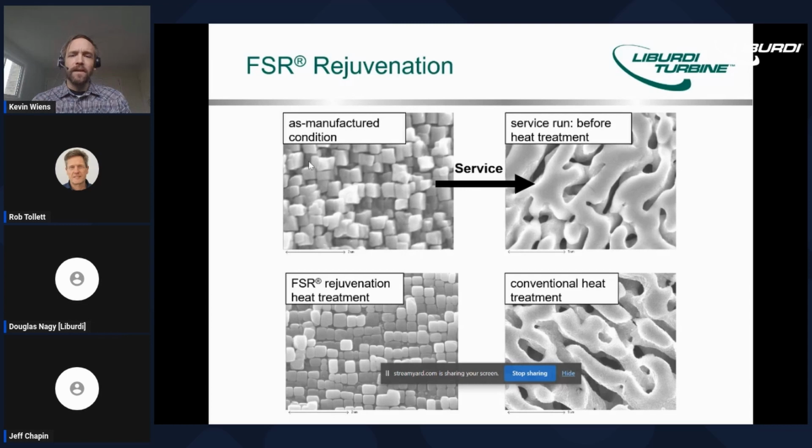And then when we apply a conventional repair, which goes down to the lower right image, shows basically no change in that structure because we haven't dissolved and regrown those precipitates. But if we rejuvenate, we get back to the original state by dissolution and re-aging of the structure.